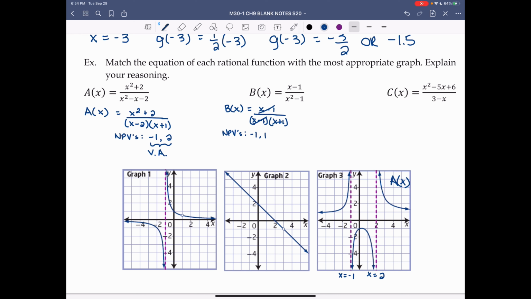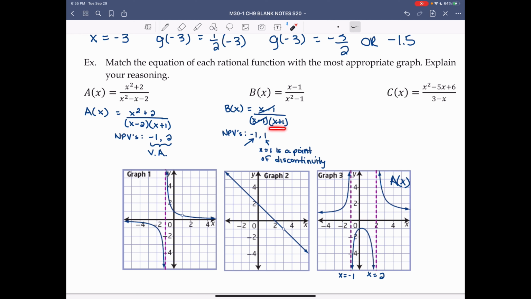The factor you can divide out, the NPV for that factor is the point of discontinuity, so x equals 1 is a point of discontinuity. And then x equals negative 1, that factor is still there.